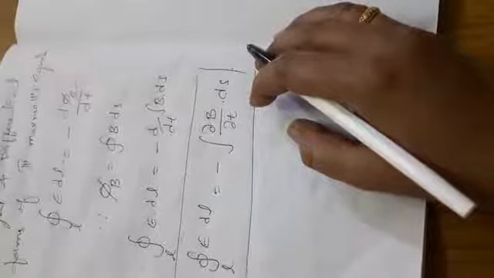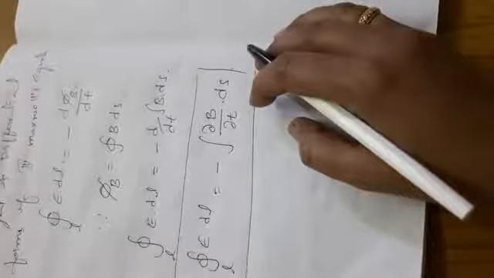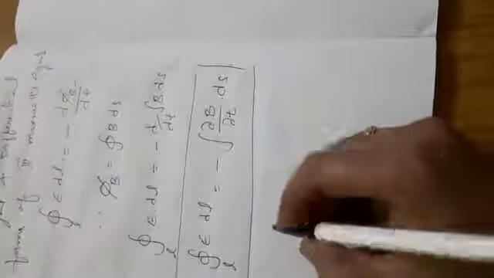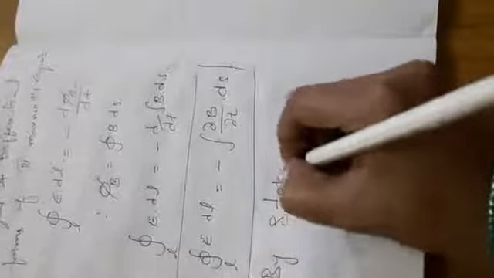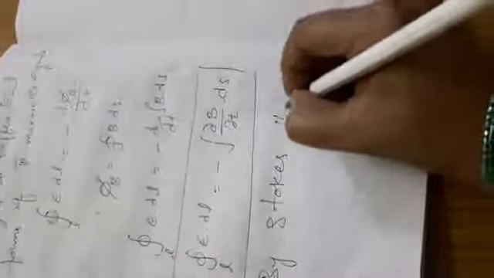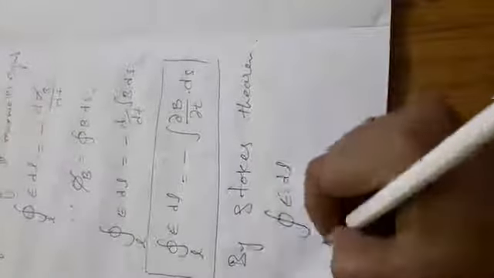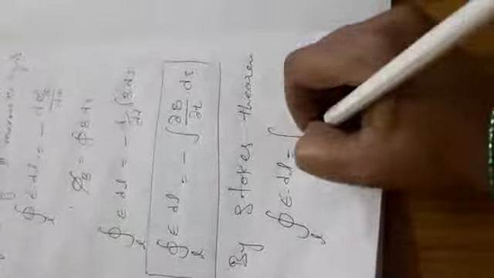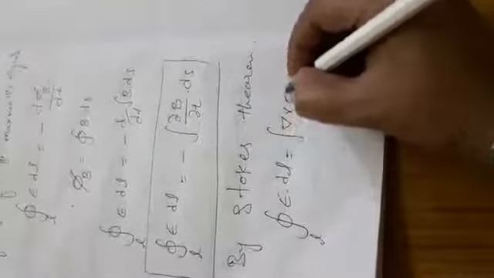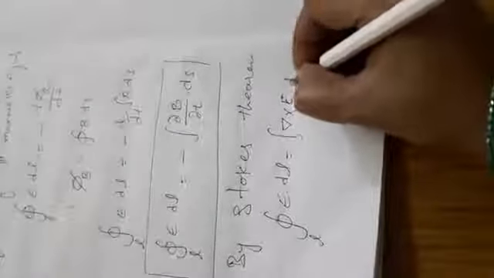Now I am going to derive the differential form. For the differential form I am going to use the Stokes theorem. By Stokes theorem, we have the line integral of E dot dl is equal to the integral of del cross E dot dS.